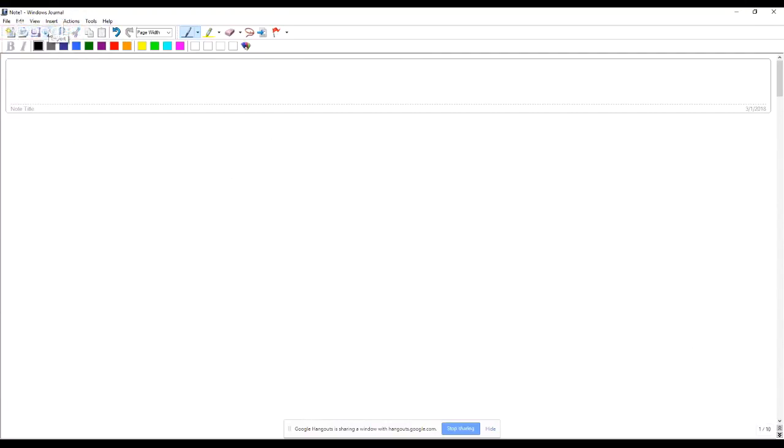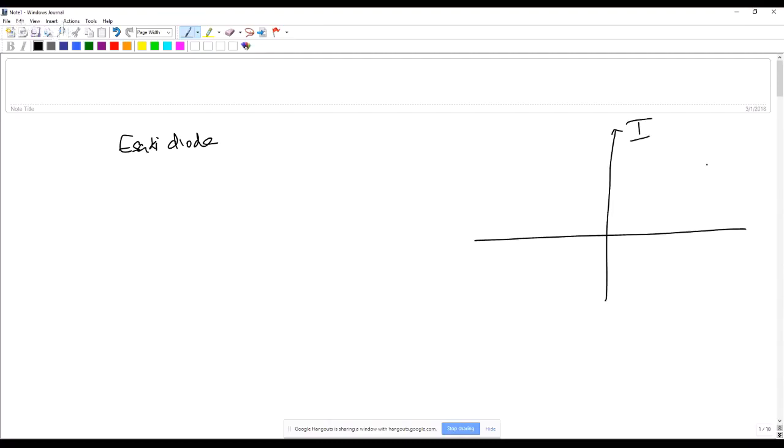A tunnel junction or a tunnel diode actually has another name. It's also called an Esaki diode, from the name of the person who actually fabricated it. It has very interesting IV characteristics. So I versus V. Most junctions act as rectifiers, which means they pass current in one way and not the other.